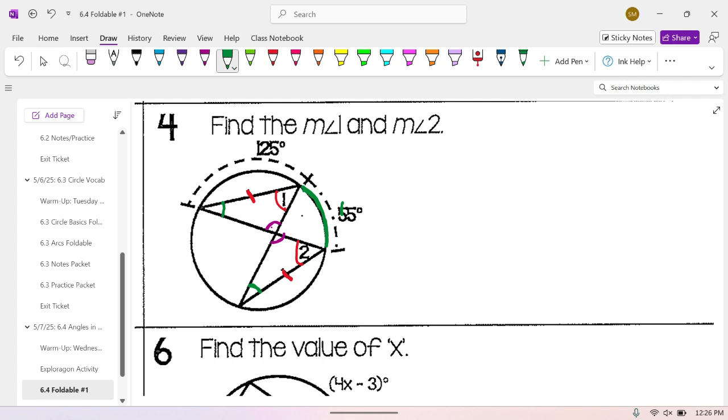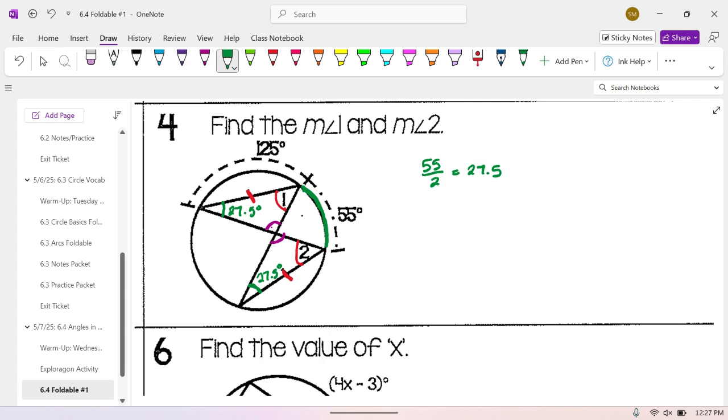So, if this angle is 55 divided by what? So if we do 55 divided by 2, what does that give us for these 2 angles, the green angles? 27 and a half.